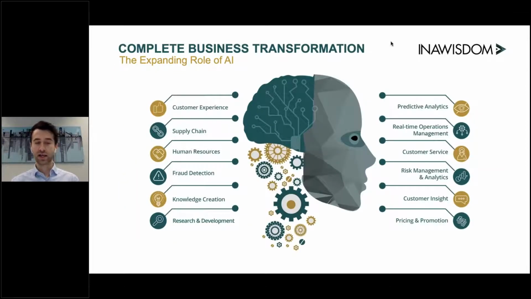Of course, AI comes in many shapes and forms, and it's very, very flexible. So you can see that one could use it to understand and predict customer experience, to create supply chain predictions, or even dynamic pricing or dynamic promotions for certain products.